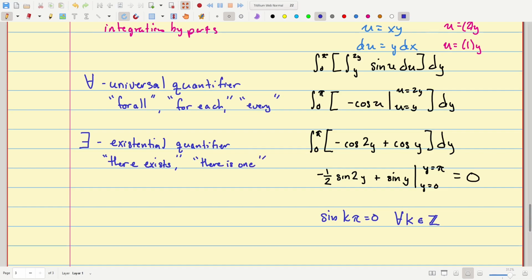It means that there is one thing for which this is true. All right. Both are equally important in math.